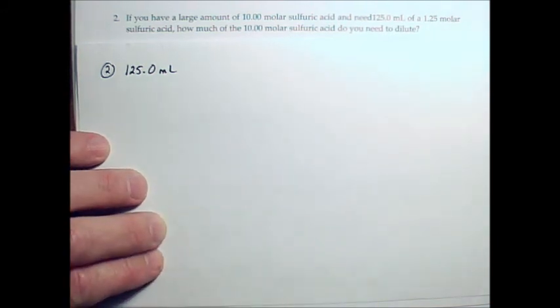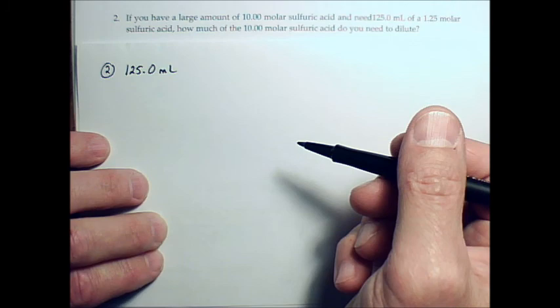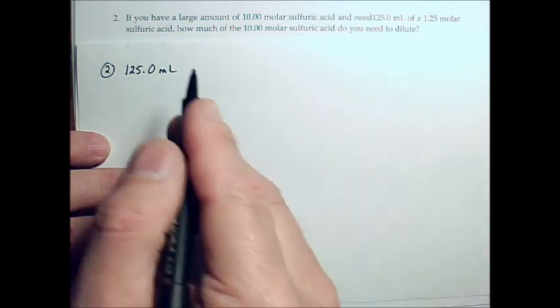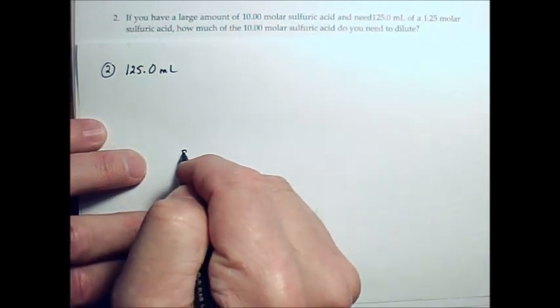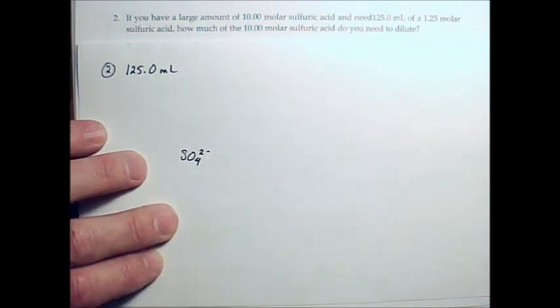No. If there was a hydro on the front, you'd be using a sulfide ion. That's sulfur with a 2 negative charge. There's another example of that in number 4. I'll show you. So the sulfate ion is SO4 with a 2 negative charge.